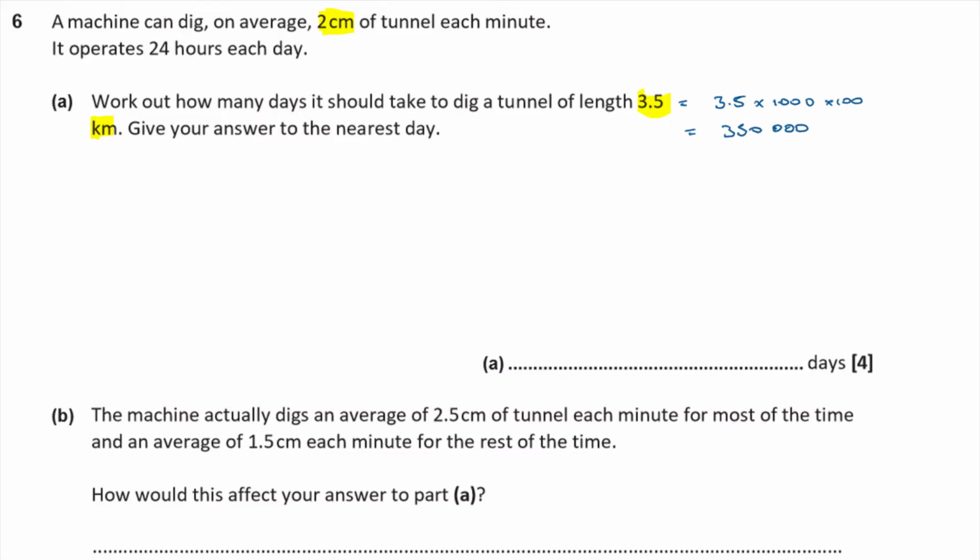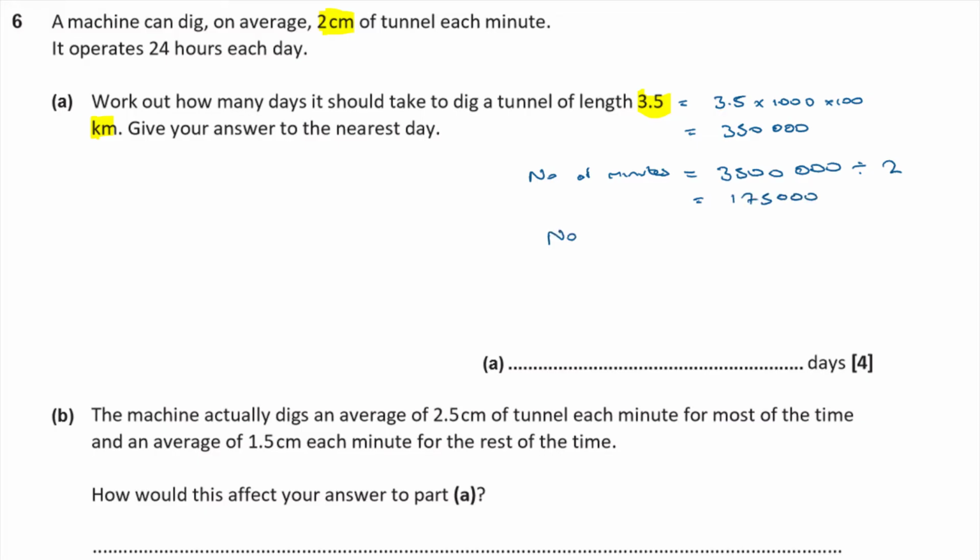Now we're doing 2 centimeters each minute. So then the number of minutes is going to be 350,000 divided by 2 then, isn't it? Because we're doing 2 each minute. So divide by 2 comes out to be 175,000.